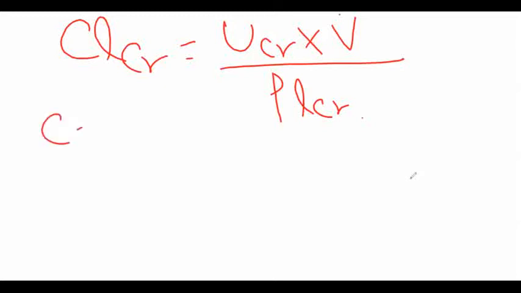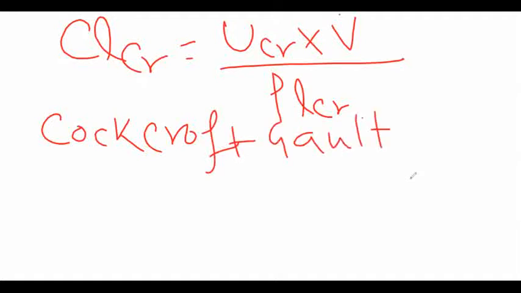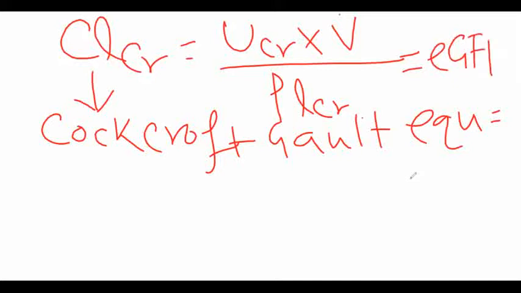The Cockcroft-Gault equation is the formula by which you can detect the creatinine clearance, or the estimated GFR value. And what is the formula?